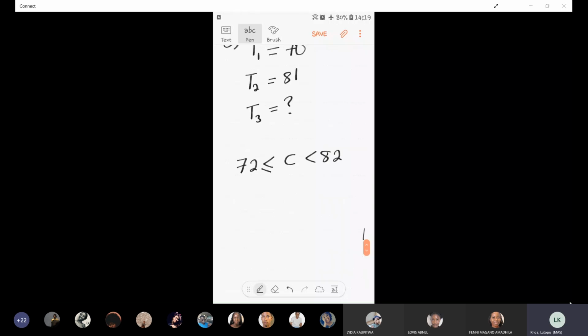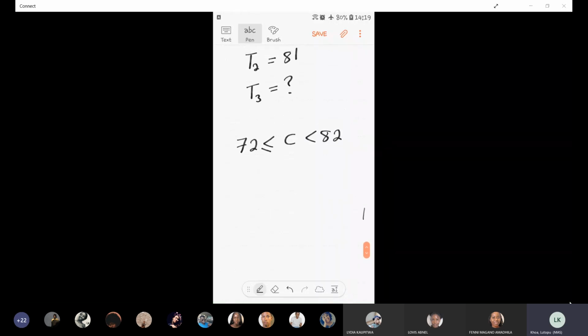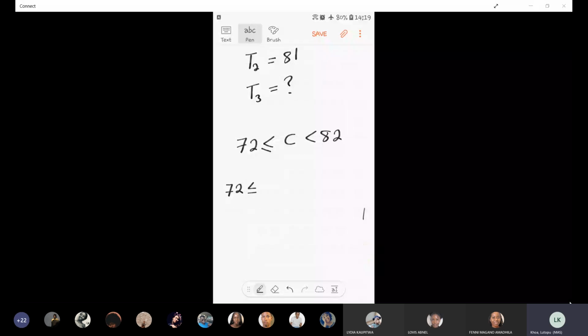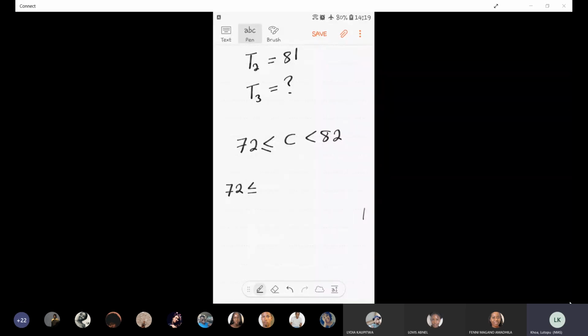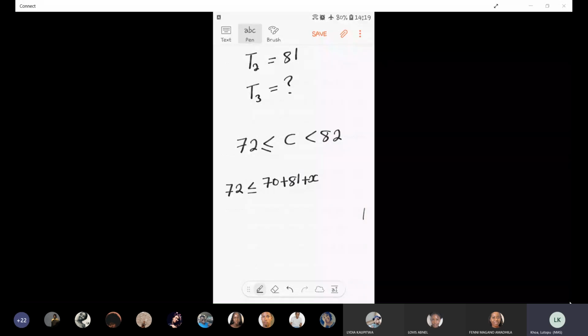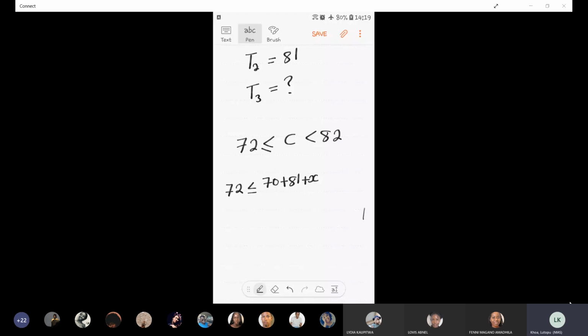So what she wants is this: 72 less than or equal to 70 plus 81 plus x, which is test 3 mark, divided by 3 because it is the average, and then this is less than 82.